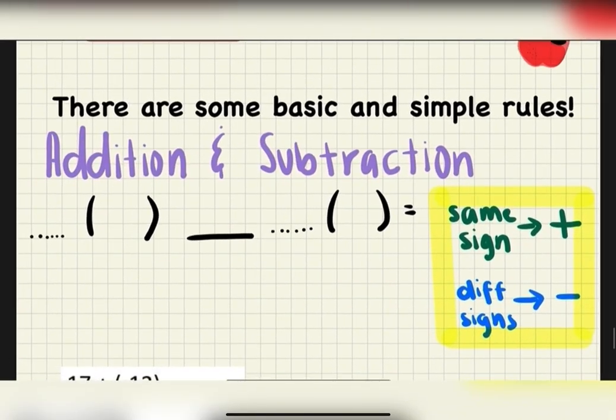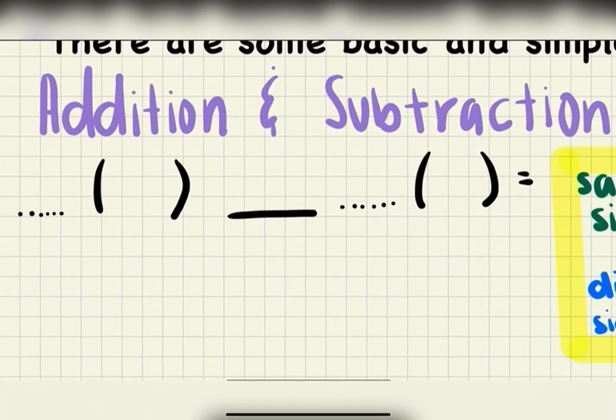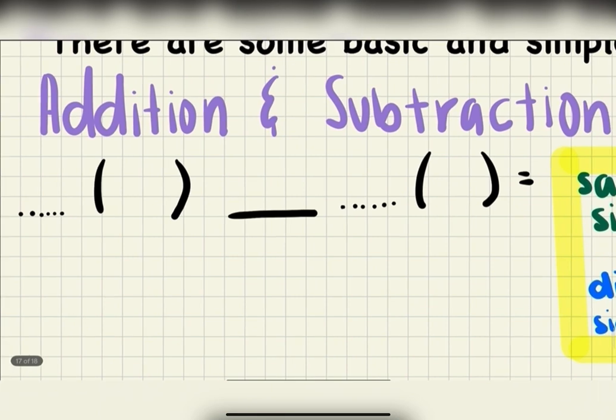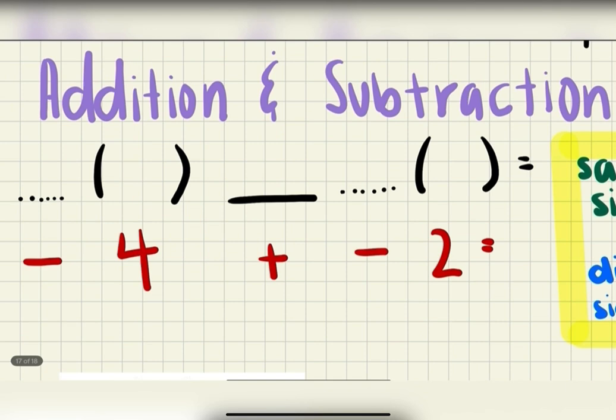Okay, so as an example, let's say I have negative 4 plus negative 2, and you are asked to solve this equation. So the first thing that you see over here, we have a sign behind this number, a sign behind this number, and then you have this operation in the middle that you want to try and get rid of.